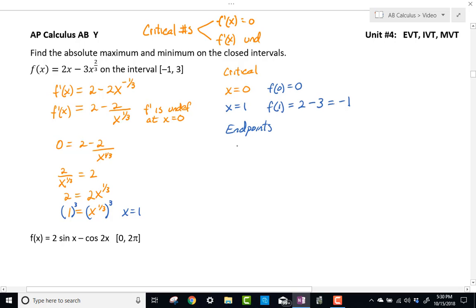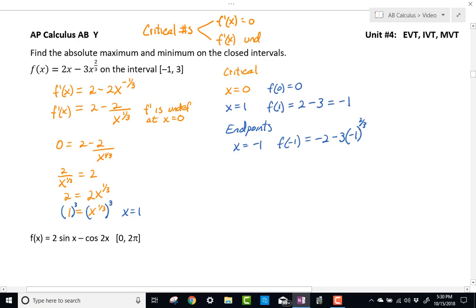And our endpoints were x equals negative 1, so I'm going to plug that in. So f of negative 1. Now again, if I plug in negative 1 for x, that's 2 times negative 1, which is negative 2. And this next one's going to be interesting, so I'm just going to pop it in. 3 times negative 1 to the 2/3 power. I've got to be careful with this.